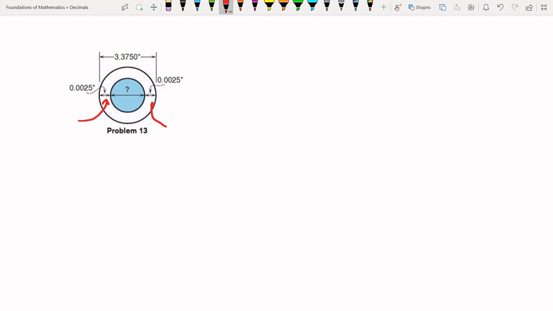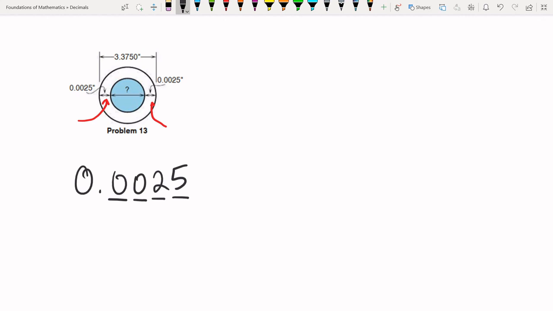Let me write it a little bit bigger here. 0.0025. This is the tenths, hundredths, thousandths, 10,000ths. So this would be 25 10,000ths. A little weird just to say it in English, but it is what it is.